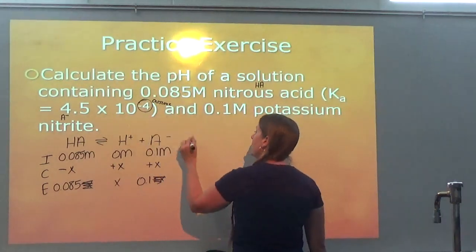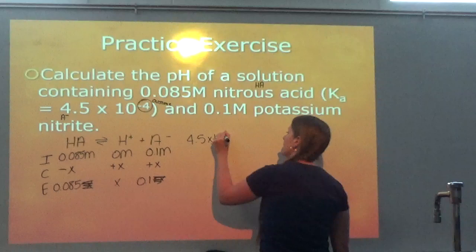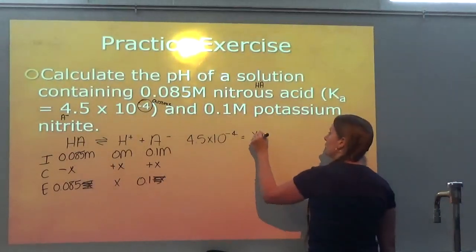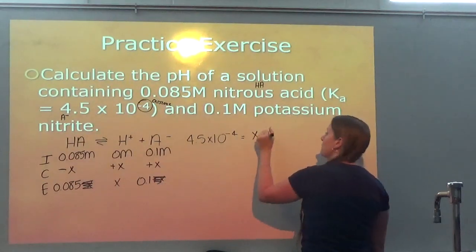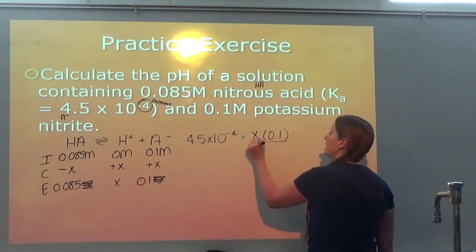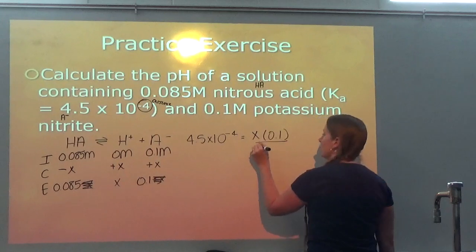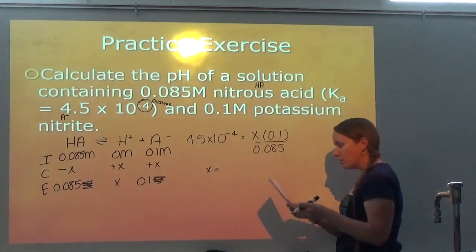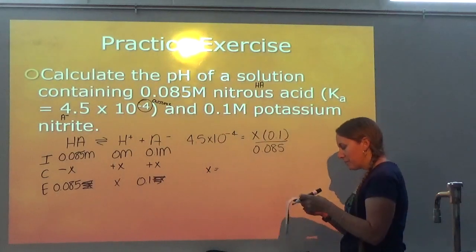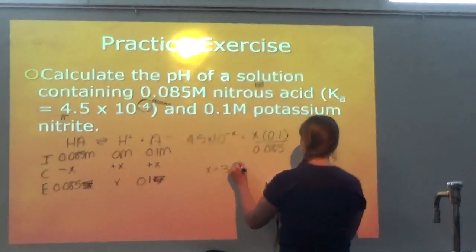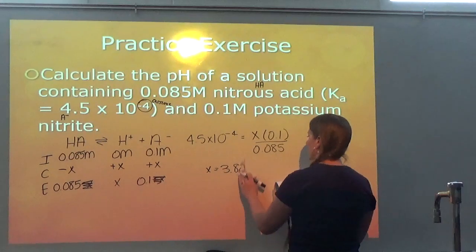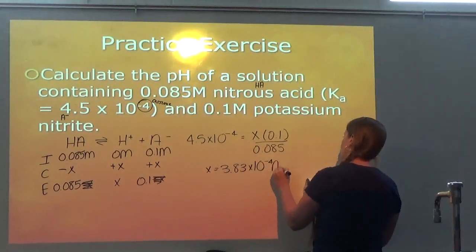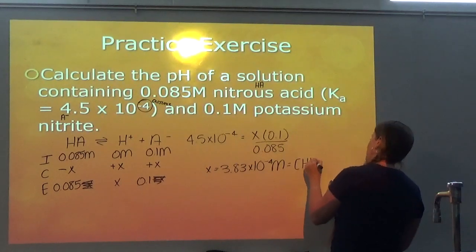So Ka is 4.5 times 10 to the negative 4, and that equals my H plus, which is X, times my A minus, which is 0.1, over my HA, which is 0.085. So once I solved for X, I ended up getting 3.82, or 3.83 if I rounded, times 10 to the negative 4 molar, and that is my H plus concentration.